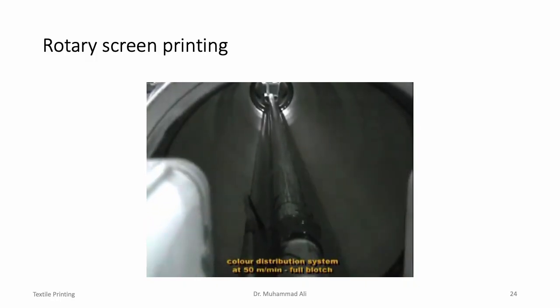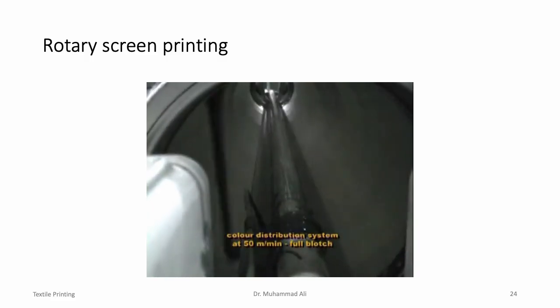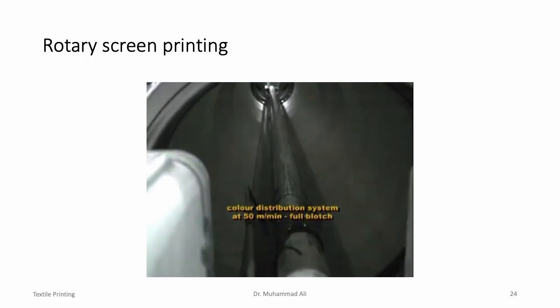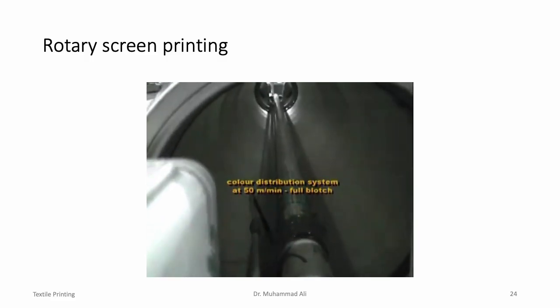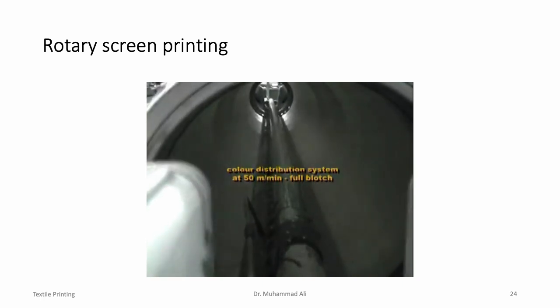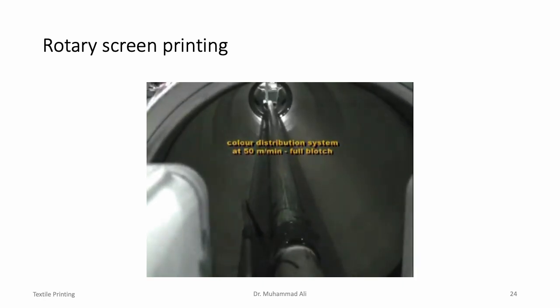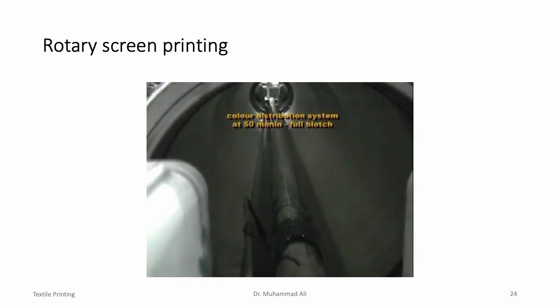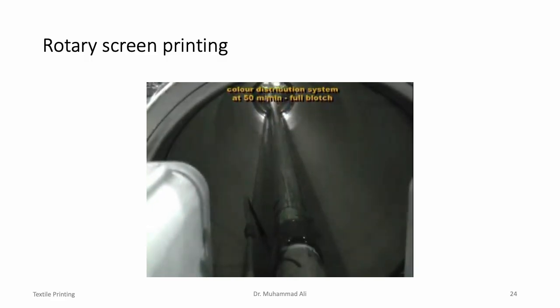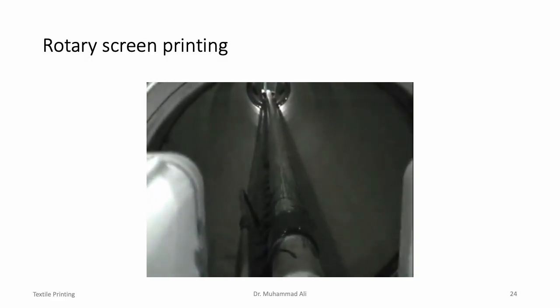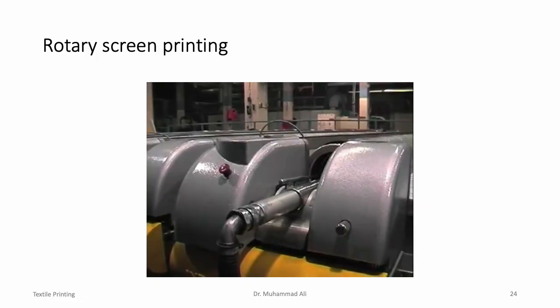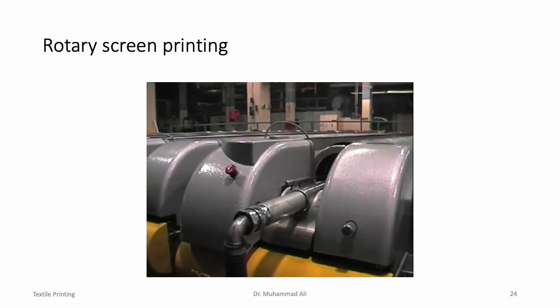This is the inside of the rotary screens. Printing ink is actually continuously pumped into the screen with the help of the squeegee holder, and the squeegee is placed inside the screen. Again, if you are not able to see those parts that I'm referring to, then you do not need to worry, as we will have a look at this in detail.